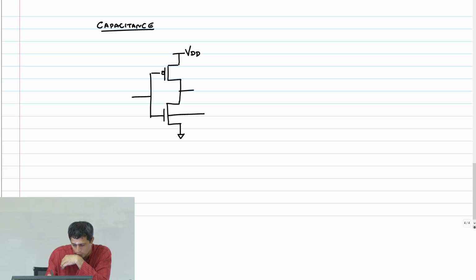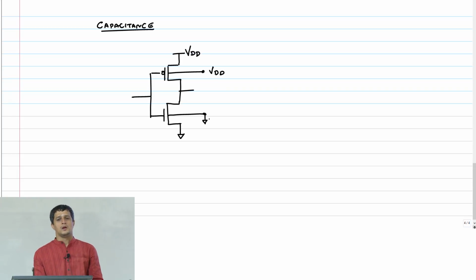Okay, let me also draw the body node. This is connected to VDD. This is connected to ground. Now, what are the capacitances for this inverter?